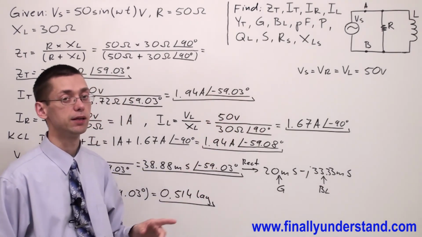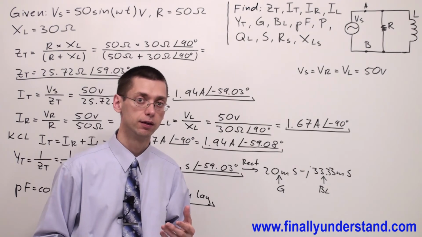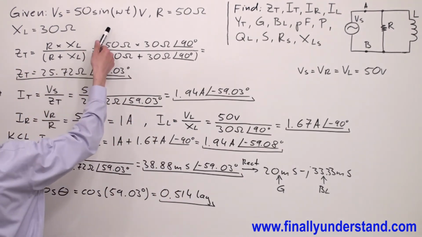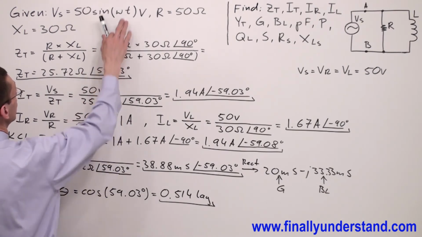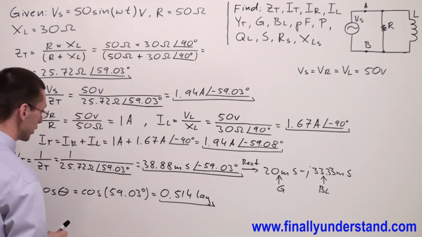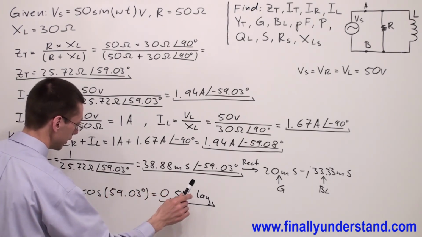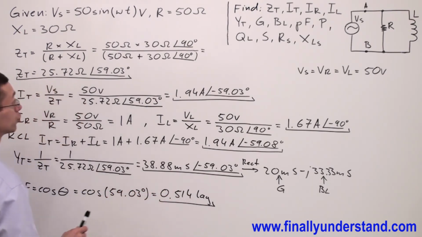Negative is telling me that I'm behind the voltage source, which has the angle of 0 degrees. We have no angle over here, so there is angle 0 degrees. That's why we have the word lag. Current is lagging the voltage source.